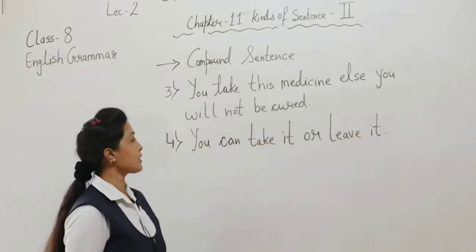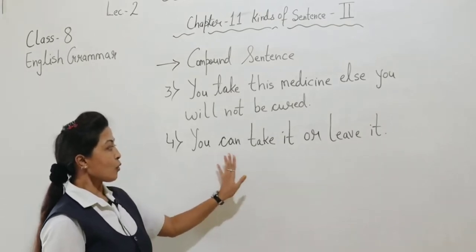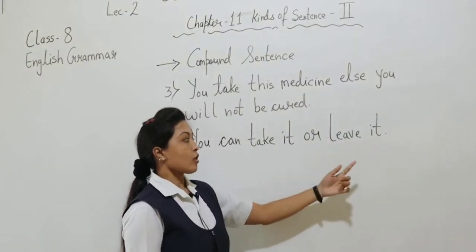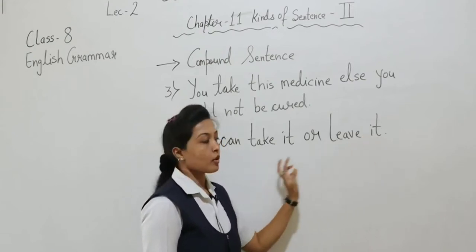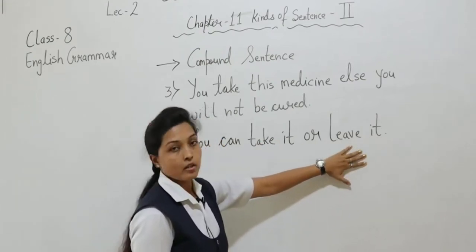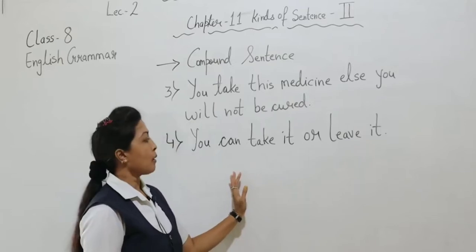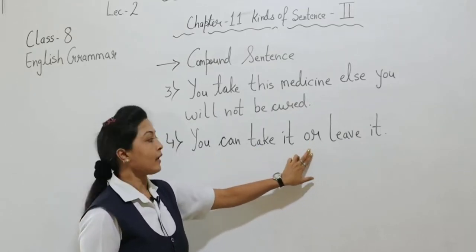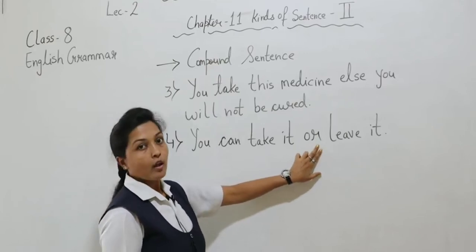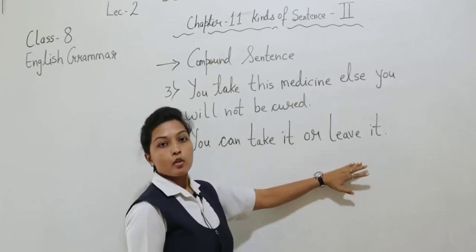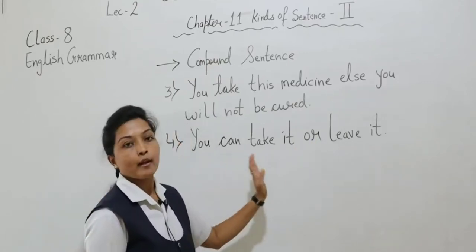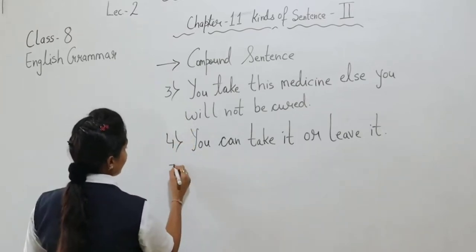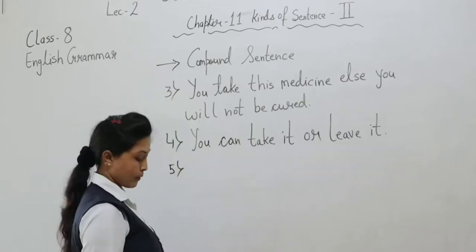So again in this sentence we can see the clause you can take it, and the next clause, that is leave it. These 2 parts are joined by a coordinate conjunction, that is or, and each clause in this is an independent clause. Then after, one more example in this.